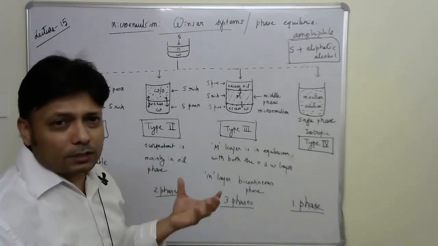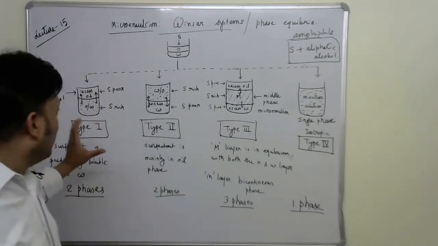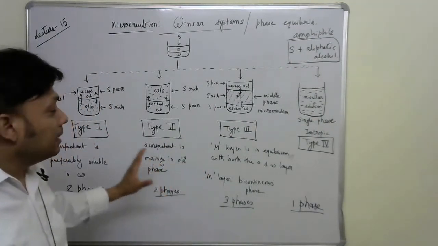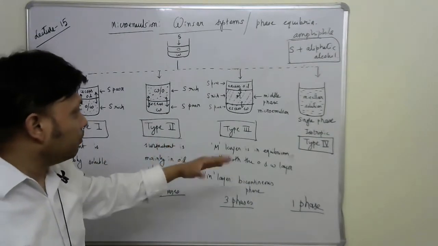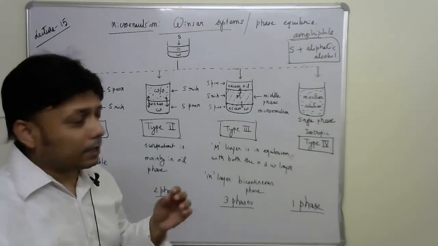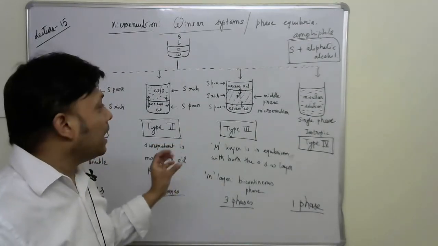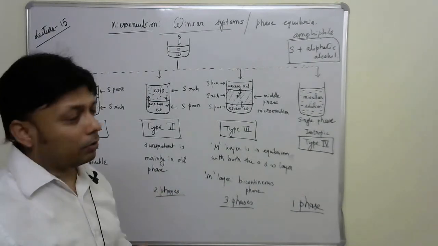Alright, so now having understood these Windsor systems, our last topic of today's discussion is: what are the different conditions that can govern or affect these type 1, type 2 or type 3 Windsor systems? Obviously, as I said, it depends on the conditions, that means the choice of the surfactant and some ambient environmental conditions.